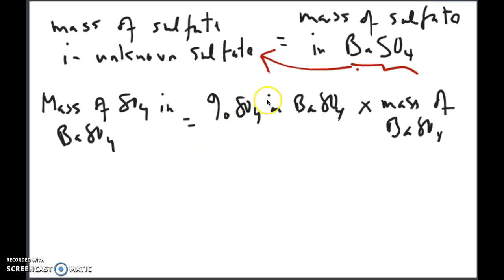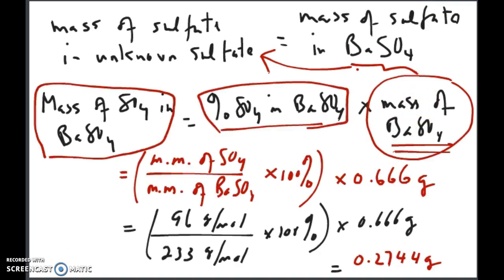And to do that is just by using this equation. I would use percent sulfate in barium sulfate and multiply by the mass of barium sulfate that I have. Remember that percent sulfate in barium sulfate would just be given as the molar mass of sulfate over the molar mass of the compound times 100%, then multiply that with 0.666, which is the mass of barium sulfate that you get.